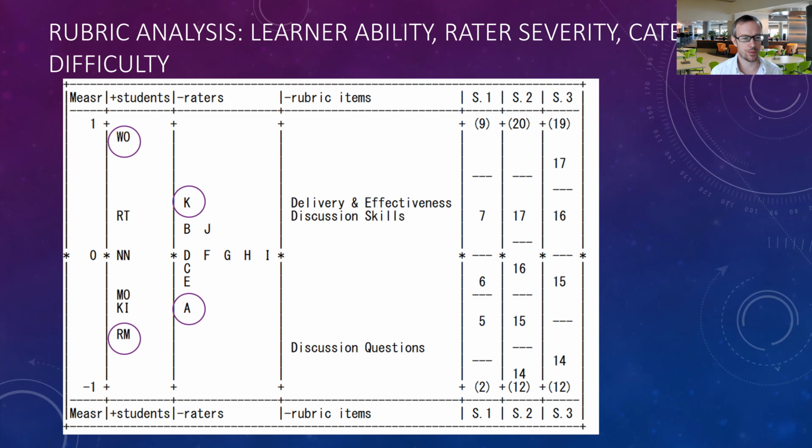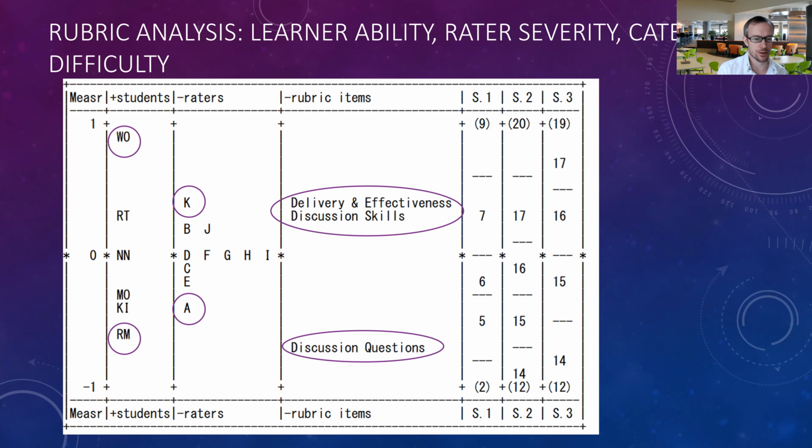If the raters are all spread out, it means that some raters are much more severe than others, which of course we want to avoid. But this is quite good. But as I said, it might be a factor of the narrow range of abilities relative to the number of points on the scale.